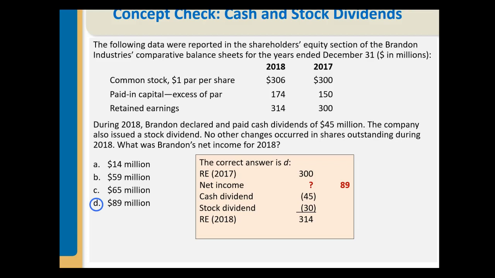As you see here, the retained earnings in 2017 were $300. We know the cash dividend was $45 and the stock dividend was $30. If we had the retained earnings balance at the end of 2018 for $314, we could plug in our net income of $89.